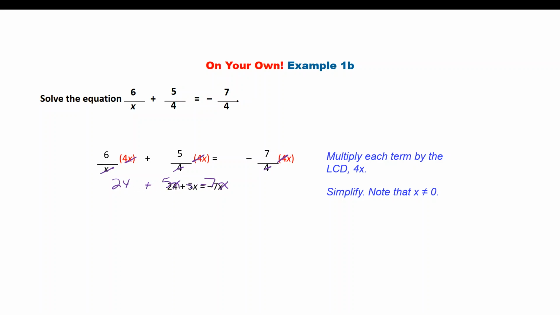There it is right there. The next thing we want to do is combine our like terms. We end up with 24 equals negative 12x. Solve for x next, and we end up with x equals negative 2. And of course, you can go back and check that on your own.